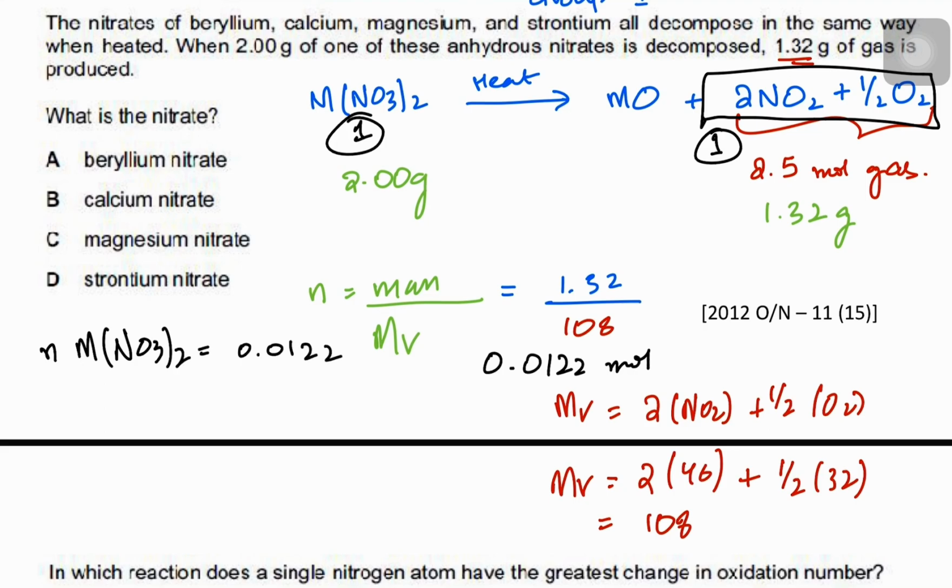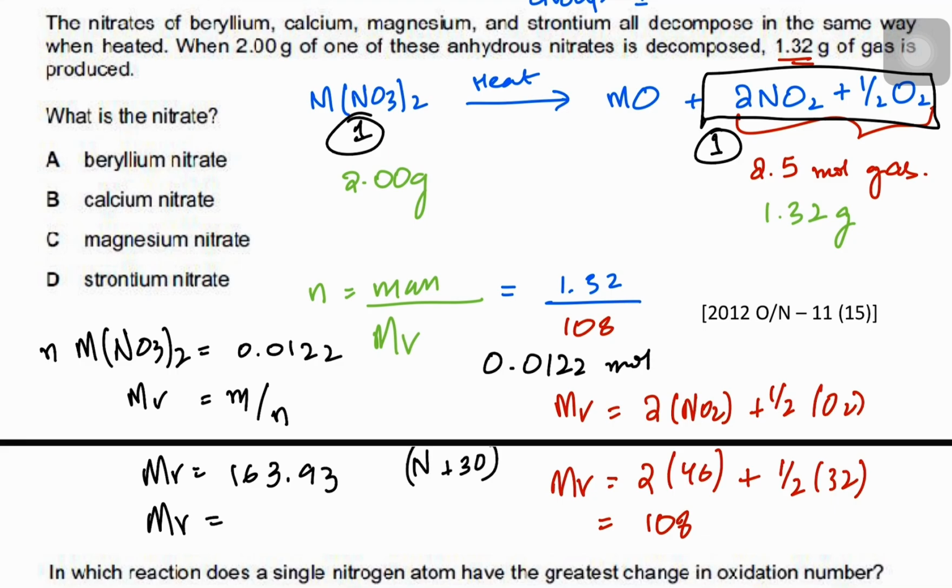Now, what was the MR? MR is equal to mass over mole. MR is equal to 2 grams divided by 0.0122. It's 163.93. Which metal is this? Now you should know that nitrate means 1 nitrogen and 3 oxygens, right?